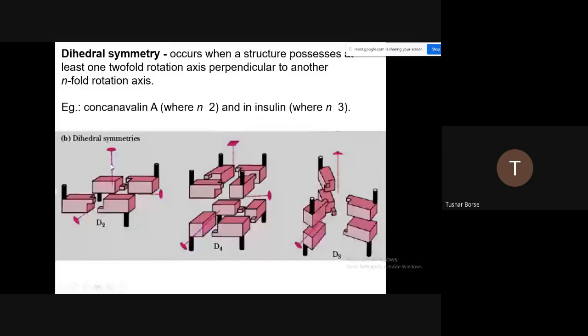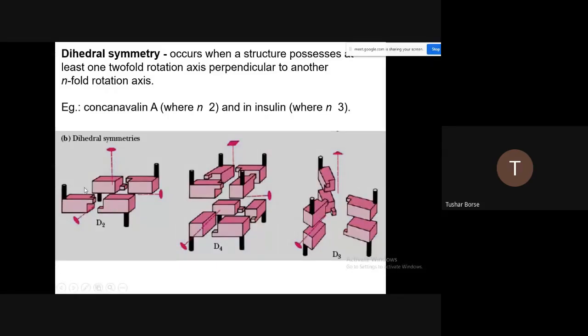See, now this is the axis of rotation. If I rotate in this particular direction, you get the identical subunit. There is another axis of rotation on this side where you can rotate it like this, right? The same way you can see here there are 8 subunits, and here there are 6 subunits.